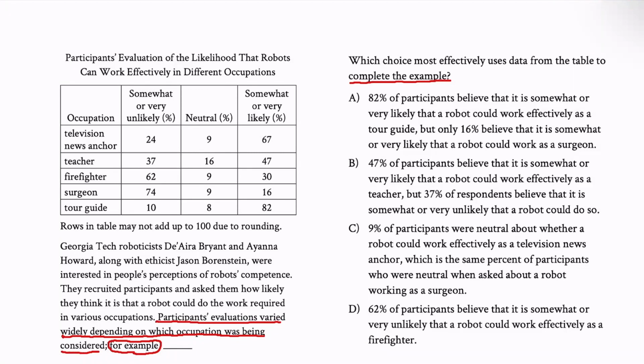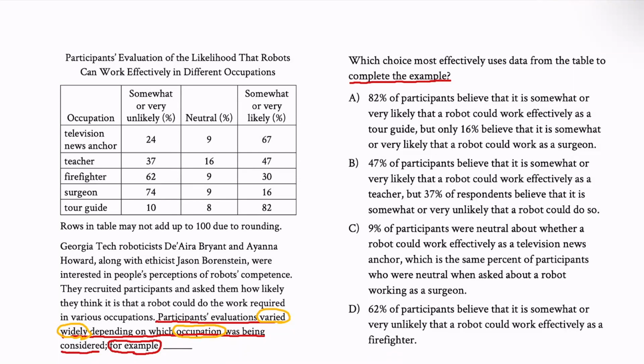Which occupation, depending on which, right, occupation. What else? Varied. Good, different, very widely. Which means you're going to find supporting evidence that shows different occupations, that they have different evaluations from the participants. So if you see only one occupation in the option, it's not going to be your answer, because with only one occupation, you cannot see varied widely.